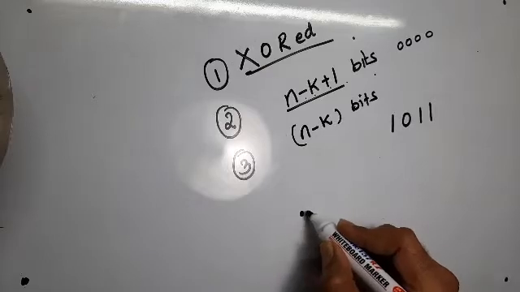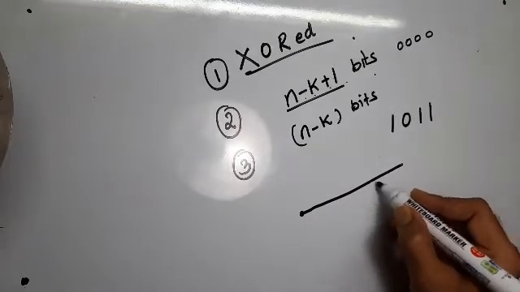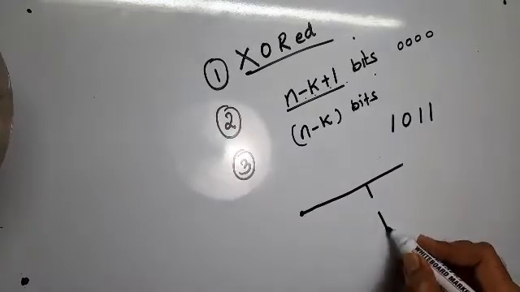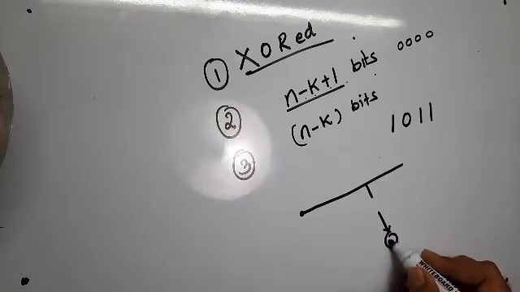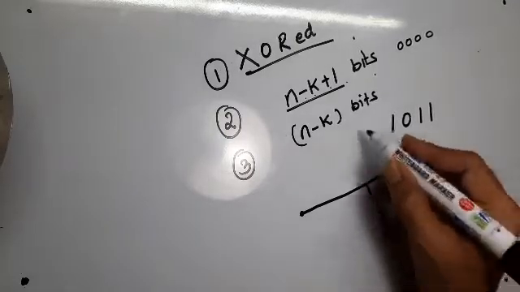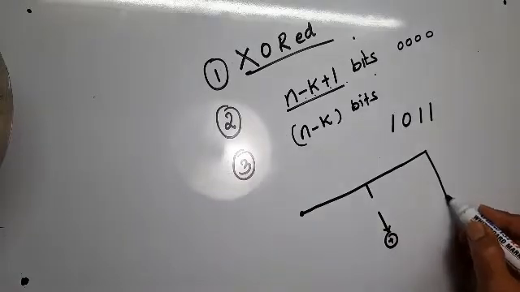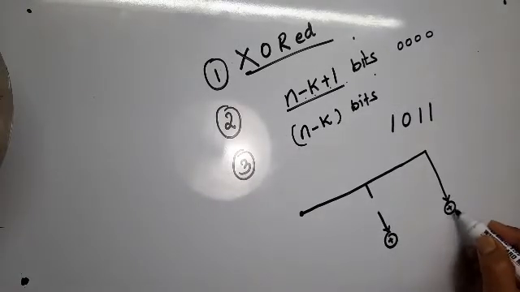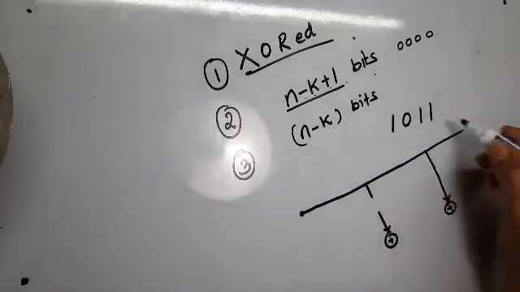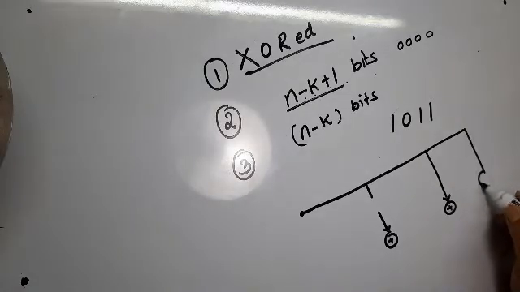So this is the hardware circuit that I need for my divisor. As I said, you need n minus k bits to be XORed. Only n minus k bits of the divisor will be used for the XOR operation.